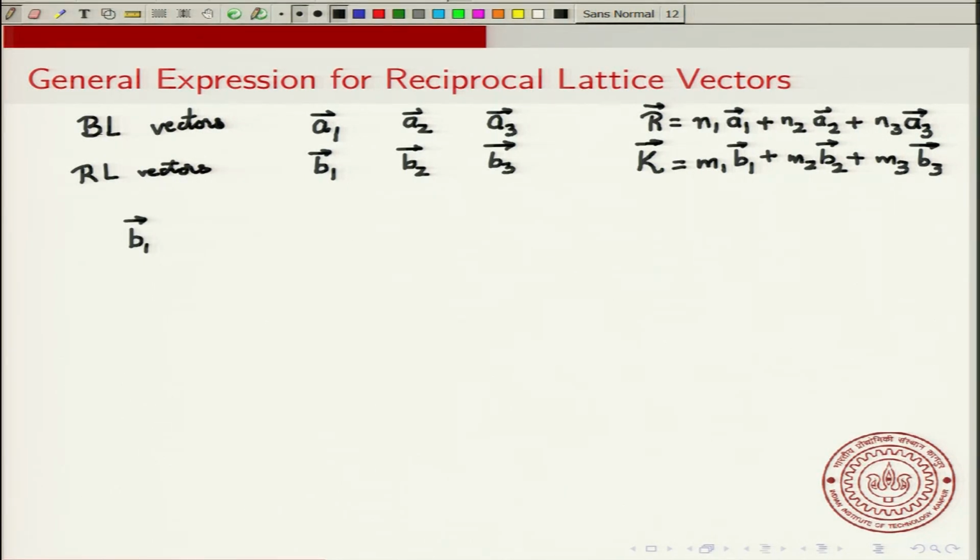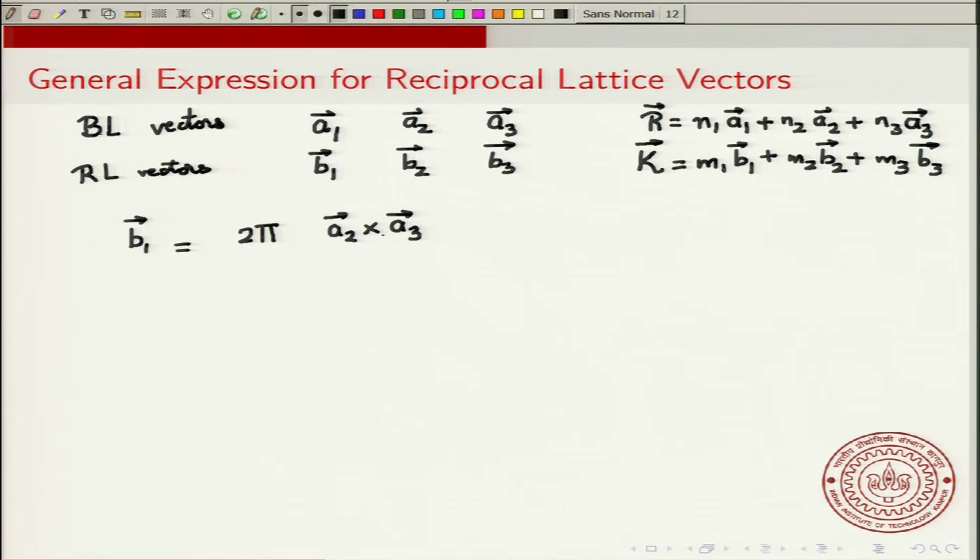B1 is a vector that is perpendicular to the plane of A2 and A3, and this is written in the following way. It is 2 pi times, and in the case of the cubic lattice, B1 was just proportional to A1, but in a more general case it is proportional to A2 cross A3, which is a vector that is perpendicular to both A2 and A3.